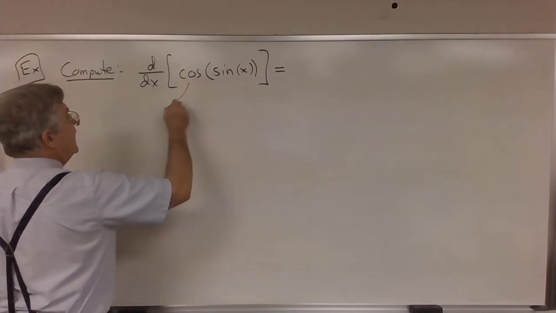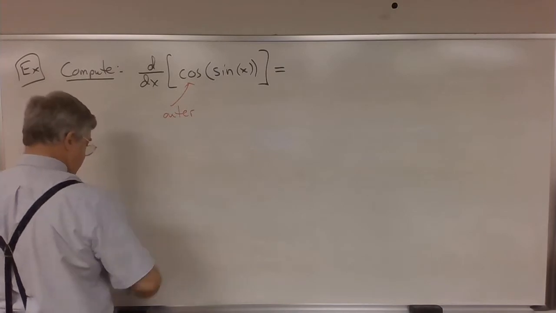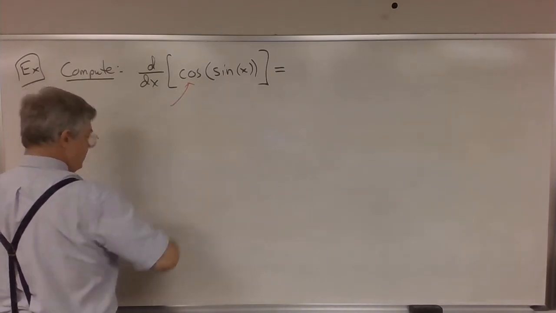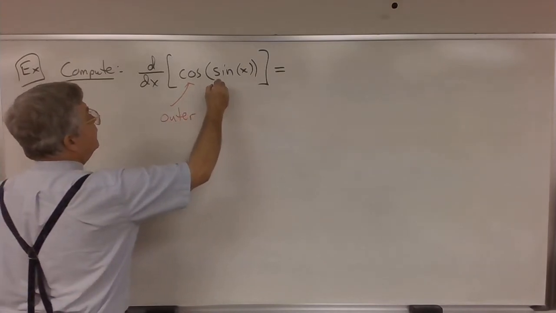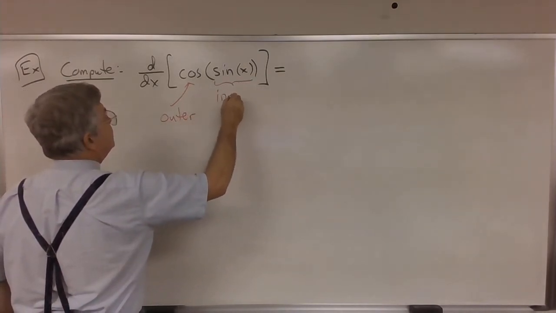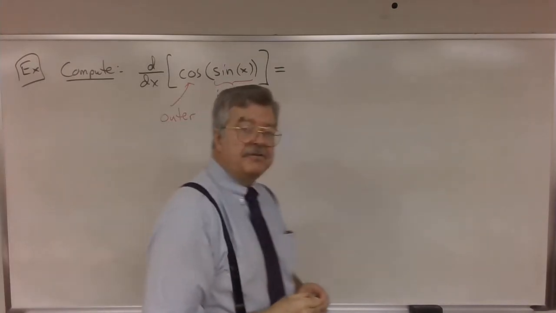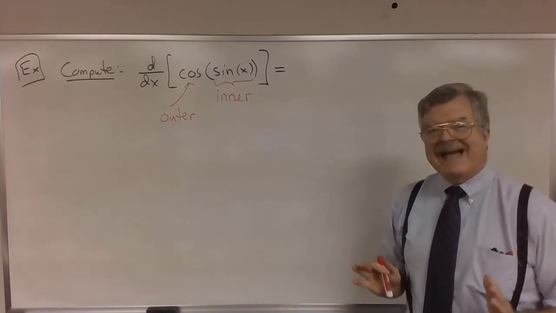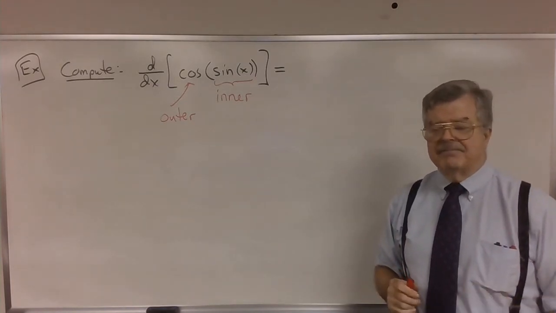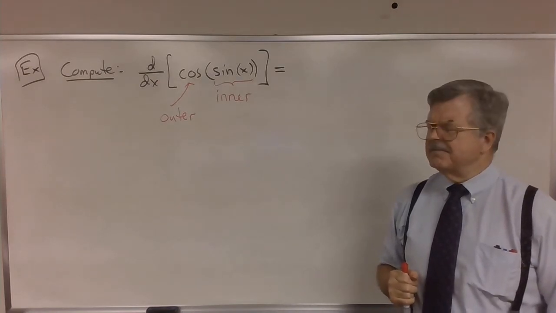So this is the outer function. And let me write that a little bit bigger. This is the inner function. It's a chain rule exercise. We know exactly what we're supposed to get if we've remembered that saying. Let's see, what is it?